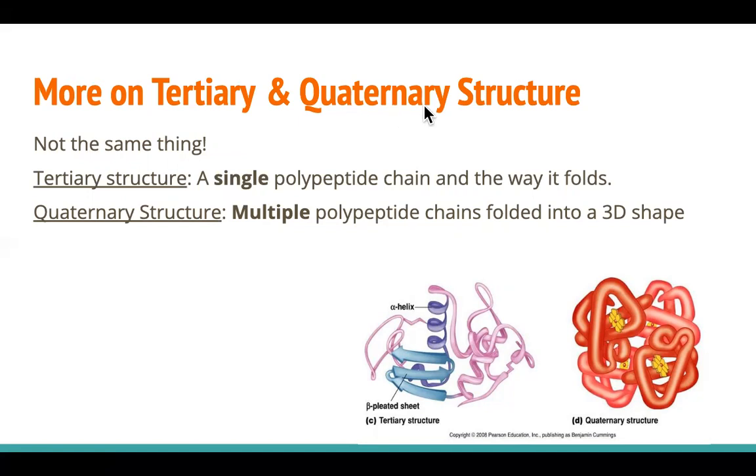What bonds? The bonds that hold subunits together are the same bonds that can hold a tertiary structure together. So it can be your hydrogen bonds, your hydrophobic interactions, your covalent bonds, disulfide bonds, things like that. Anything that holds a tertiary structure, like one chain together, those bonds can also be used to hold different subunits together. Does that answer your question?